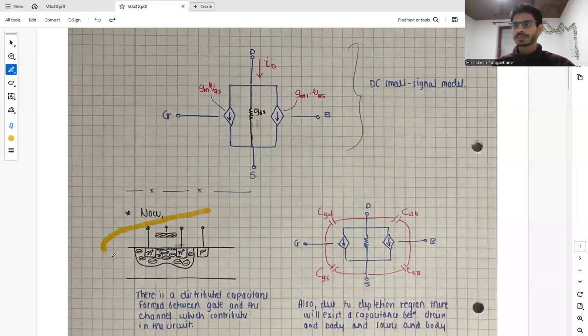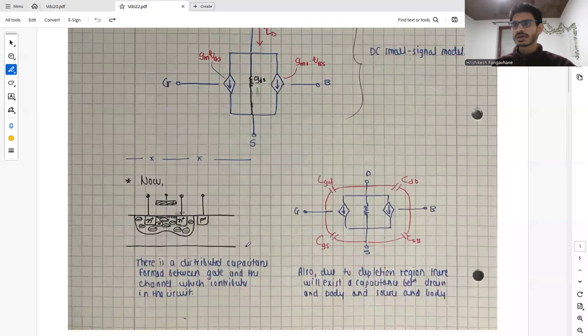Now when we peek into the physics of the MOSFET, there is a distributed capacitance formed between the gate and the channel. Also, due to the depletion region, there will exist a capacitance between drain and body, and between source and body.